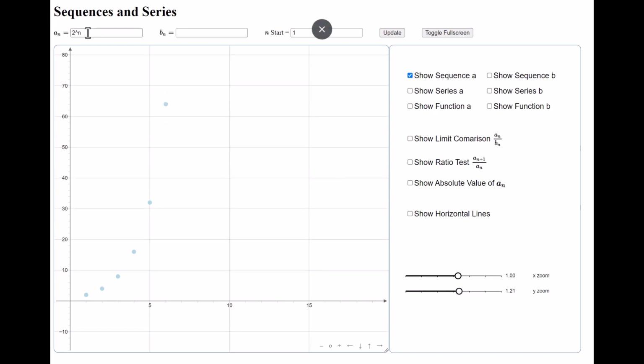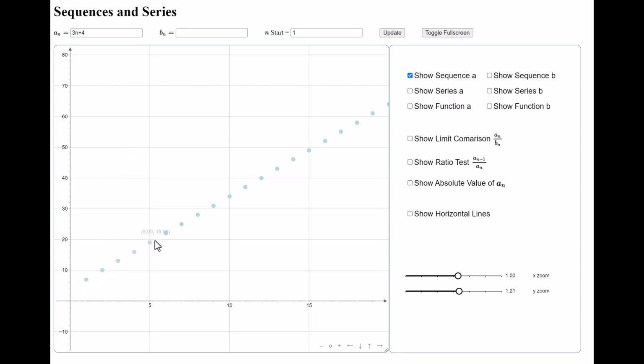Okay, and let's try a linear. So let's make it, I don't know, 3n plus 4. Now if I press update, you can see the linear relationship here. And linear functions don't run off to infinity quite as quickly, so if you'll notice, it does make it all the way across the board on this particular scale. You can see the linear relationship.